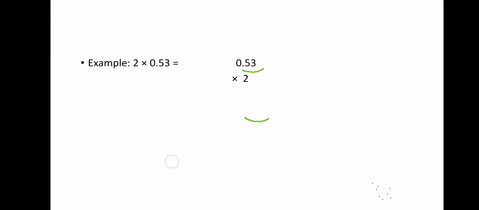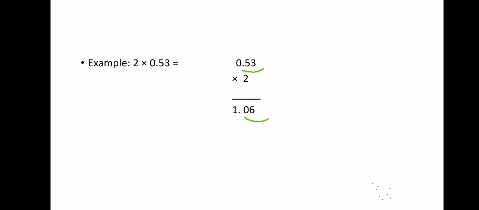So for the first step, I multiply as if there is no decimal. 2 multiplied by 3 is 6. 2 multiplied by 5 is 10. Then 2 multiplied by 0, no need for it because the 0 on the left has no value.